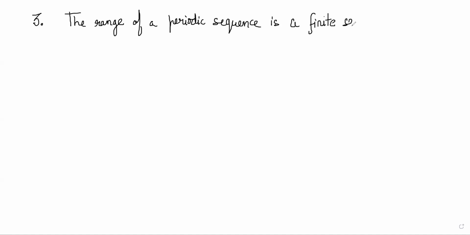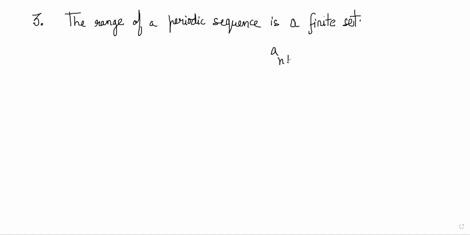First of all, the range of a periodic sequence is a finite set. What do we mean by that? The possible values that the terms of a periodic sequence take will always be a finite number of integers. Why?